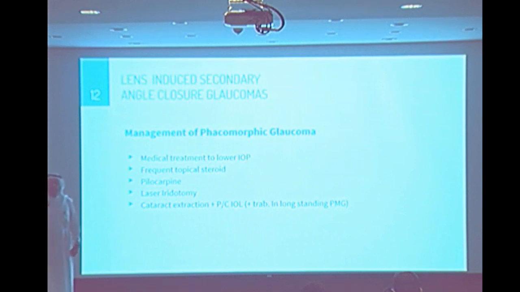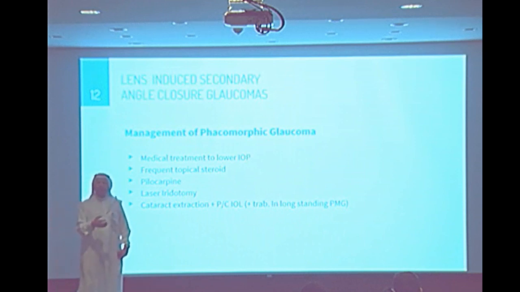How do we judge whether we need a trabeculectomy or not? This is based on the clinical evaluation after the initial treatment, medically and with laser. So we need to evaluate the case. We shouldn't rush into surgical intervention or surgical removal of the cataract.